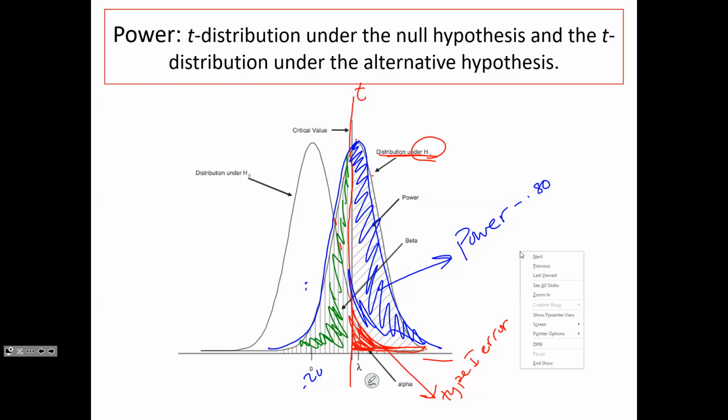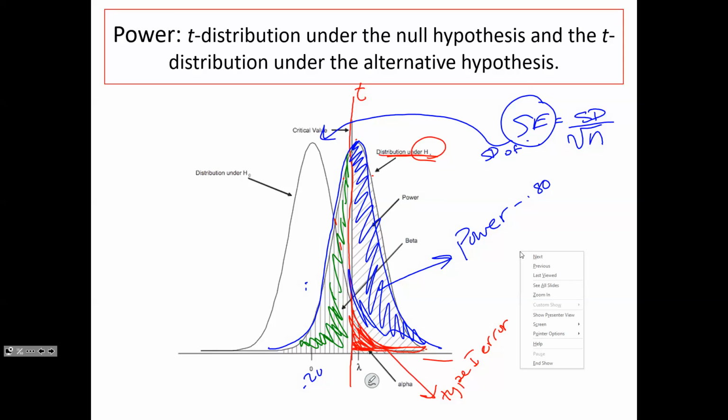Remember, the standard error is the standard deviation divided by the square root of n, and the standard error is the standard deviation of this sampling distribution. So the bigger the n, the smaller the standard error, so the standard deviation of the sampling distribution is getting smaller and smaller.